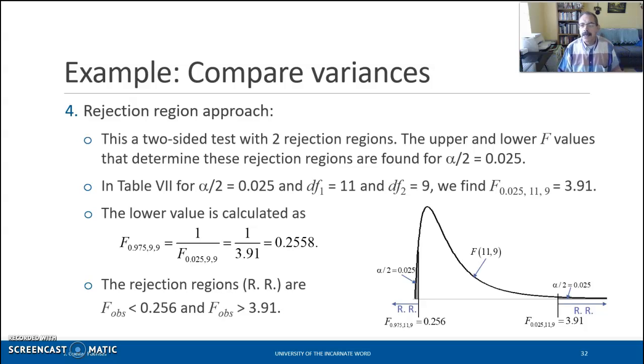You will find that the F value at that intersection is 3.91. So this gives us the upper value, and the rejection region is to the right of 3.91, or for values larger than 3.91. To identify the lower rejection region, we take the inverse of 3.91, and that's 0.256. So the rejection region on the left side will be for F values smaller than 0.256. And that's what I'm specifying here as the rejection region.